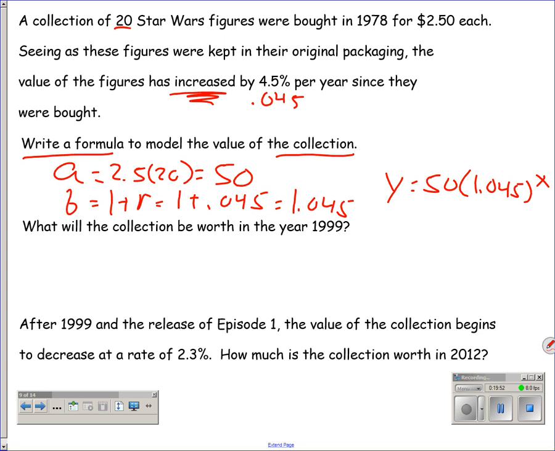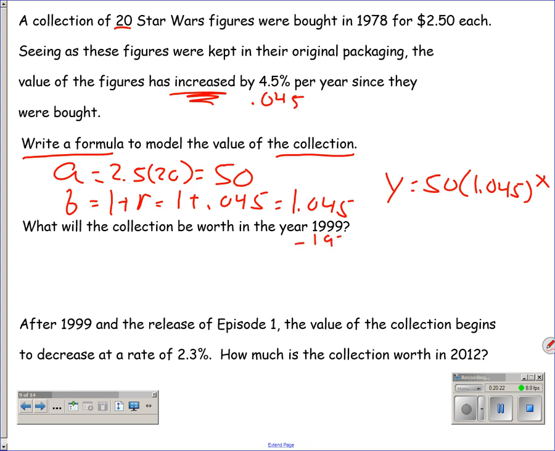What will the collection be worth in the year 1999? Let's see. What value do I plug in for X? 21, right?